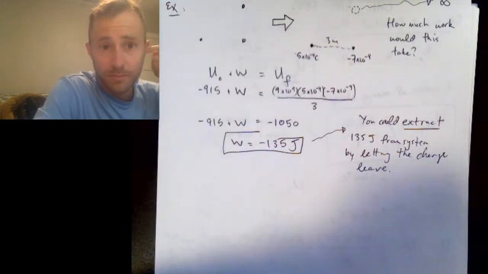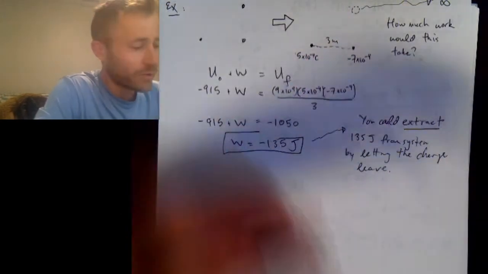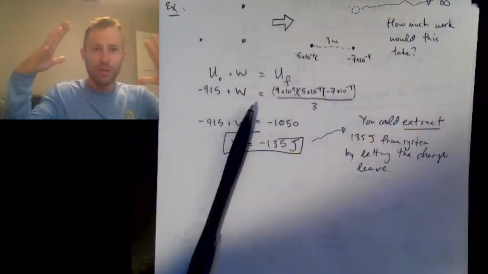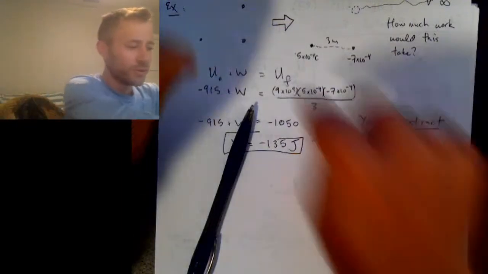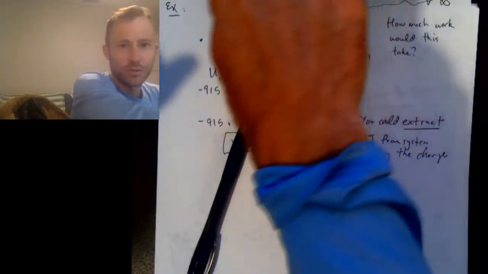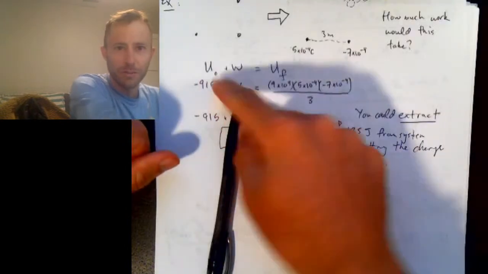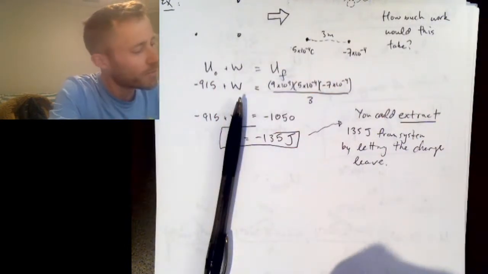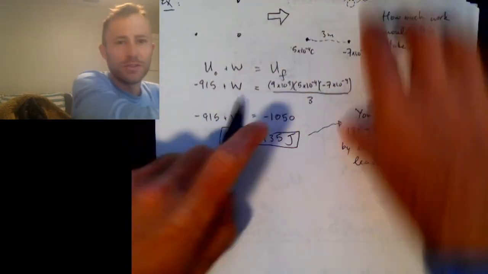What that means is that this charge wants to leave. To make this system, you would have to hold it in place. You would have to bolt these charges down, and once you remove the bolt, that other one is just going to go off to infinity. It's pretty easy to understand why that would be the case.